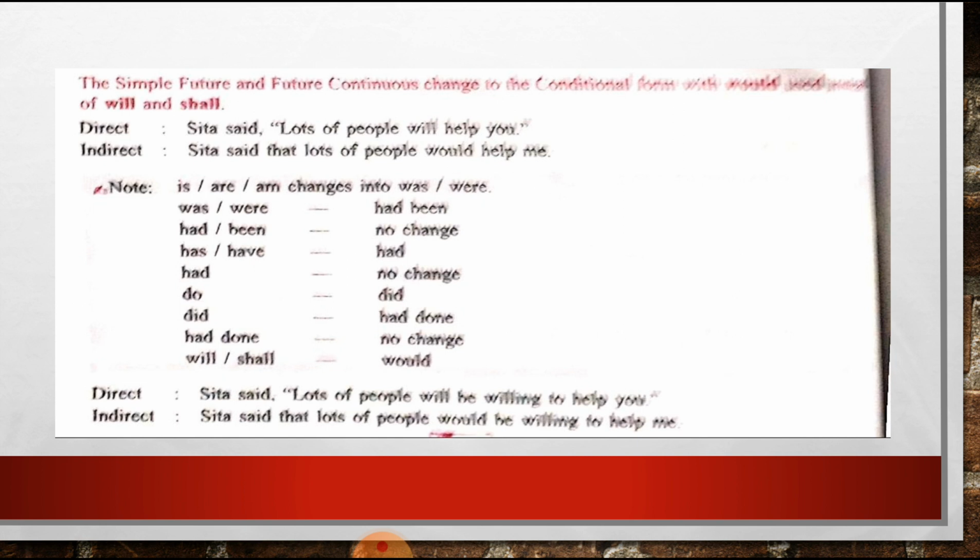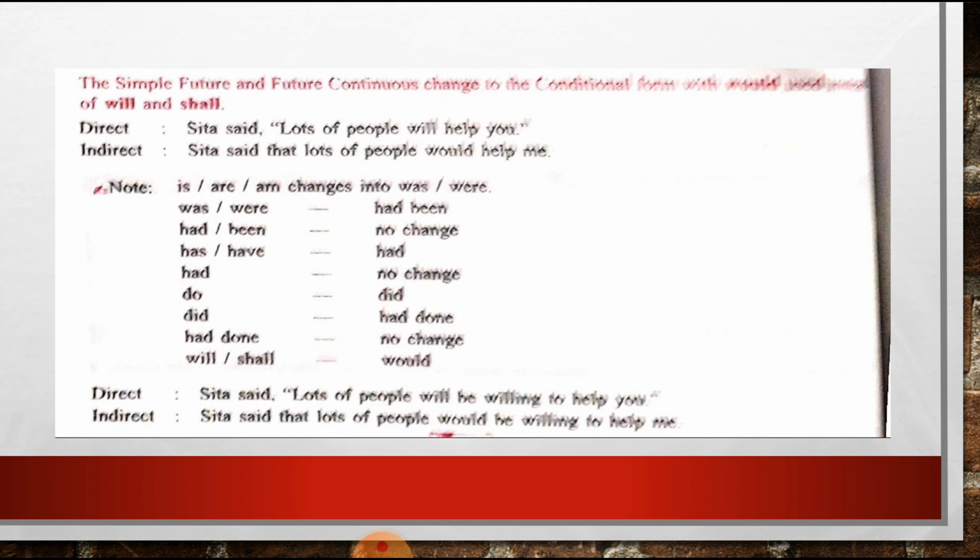Is, am, are change into was, were. Has and have become had. Do changes into did, and did changes into had done.